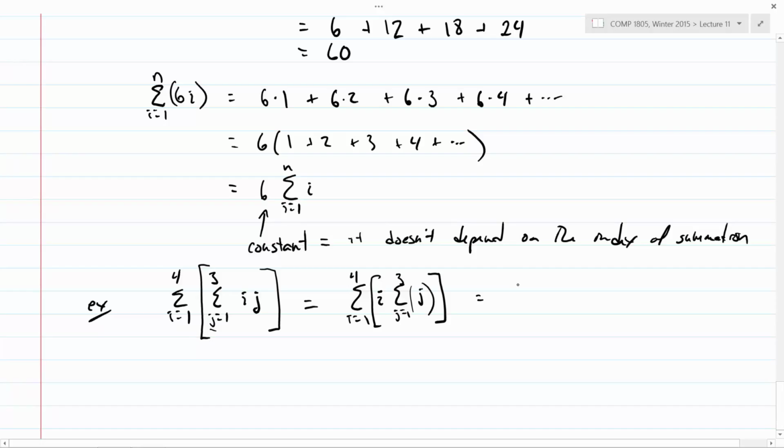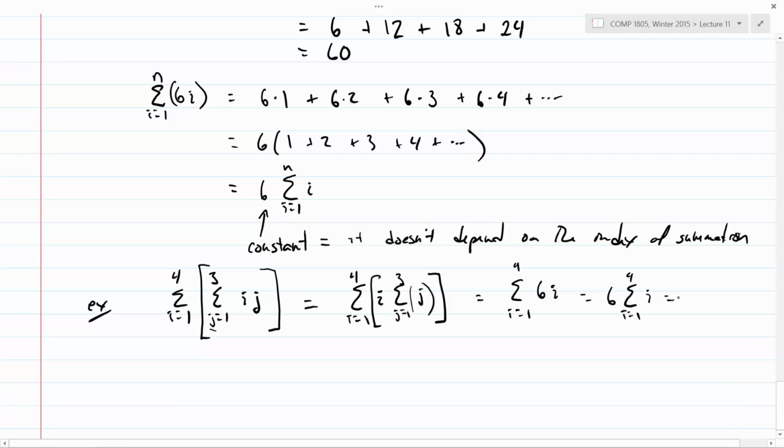Because now I say to myself, okay, now I have this simpler sum. This is just the sum from j equals 1 to 3 of j. What's that sum? It's just 6. So now I have 6 times i. And now I can do the same trick. I have a 6 here. 6 is not i, right? 6 is a constant. It's really obvious it's a constant there because it's an actual number. So I can factor the 6 out to get the sum from i equals 1 to 4 of i.